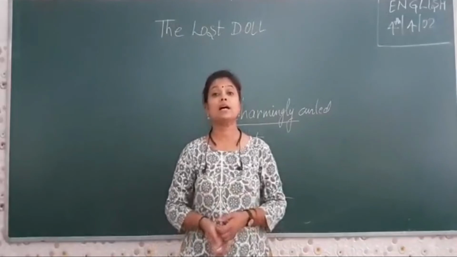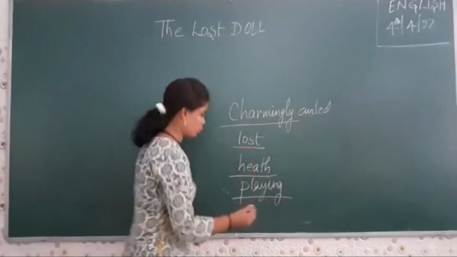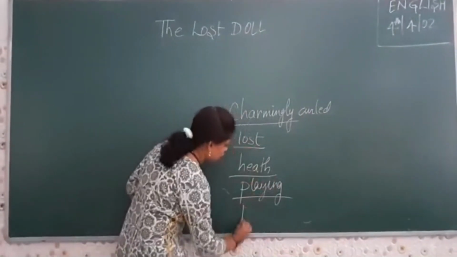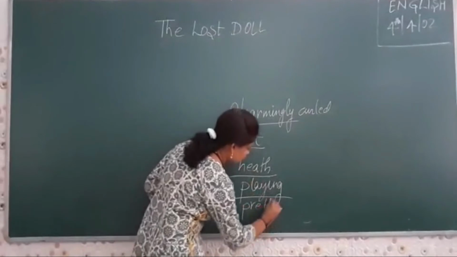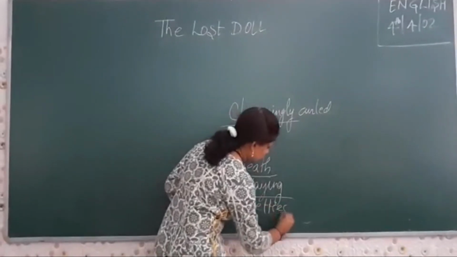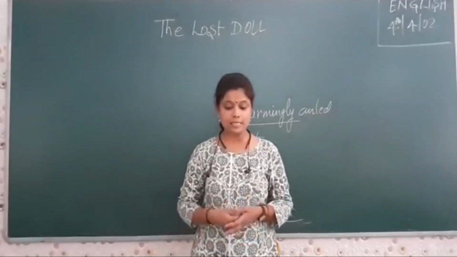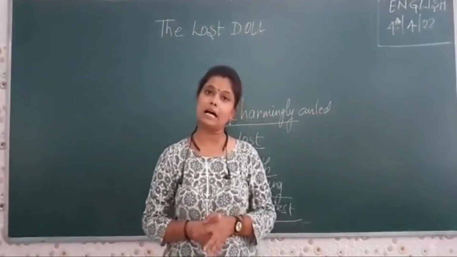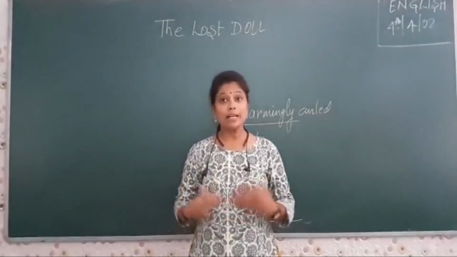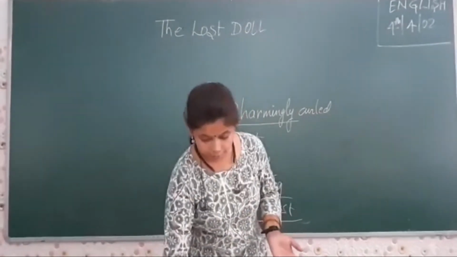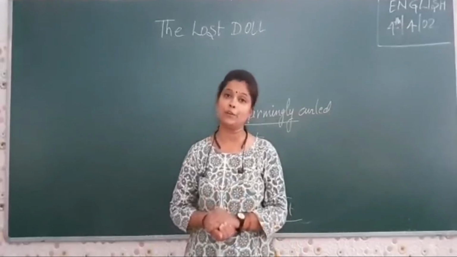That she has the prettiest doll. It was the prettiest doll. Is that clear to you? So by this, our filling the blanks are also over. Next, more to go, and that you have to try on your own.